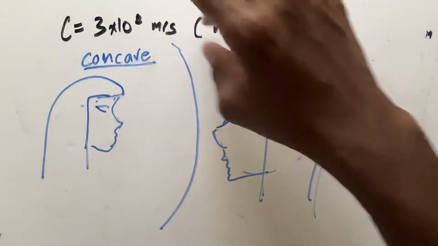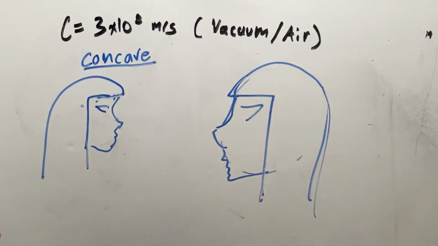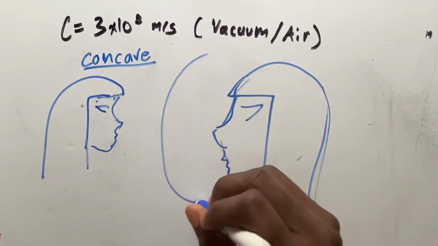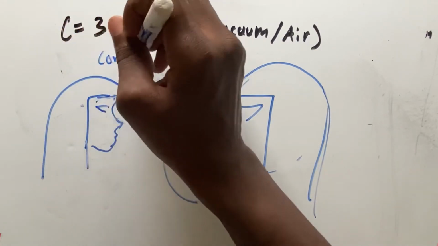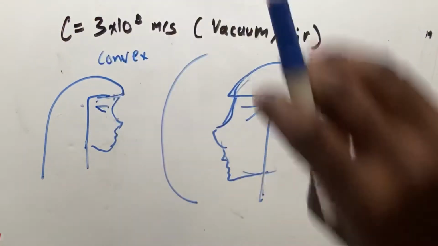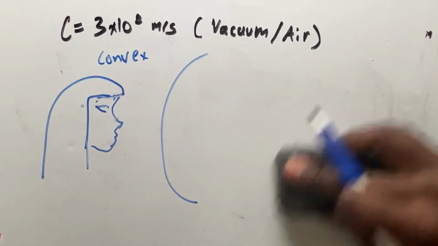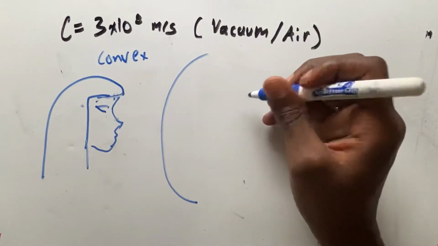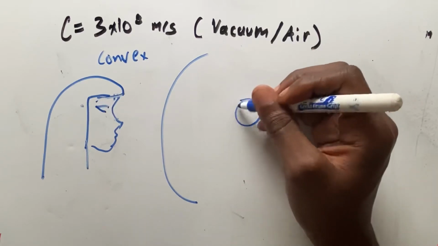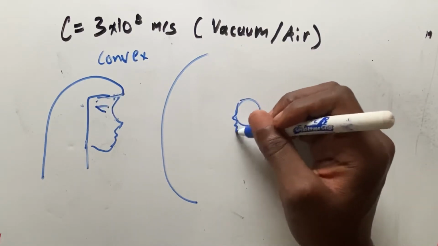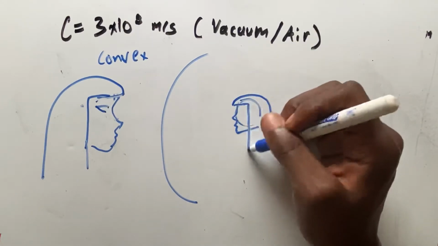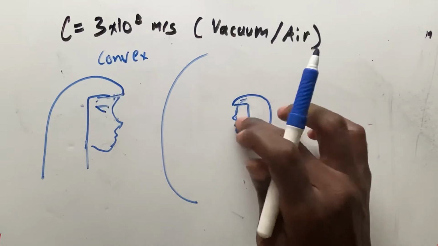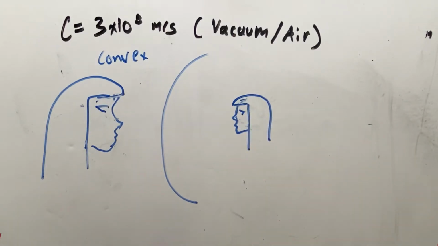And then vice versa, if I were to flip this around the other way, we call this a convex mirror. So what do you think is going to happen here? We're just going to see ourselves again, but even smaller, through a convex mirror.